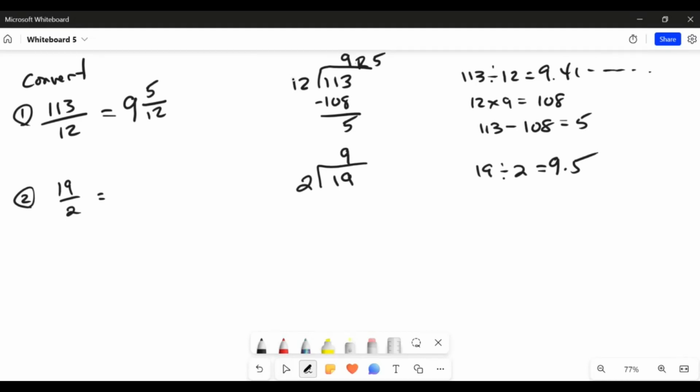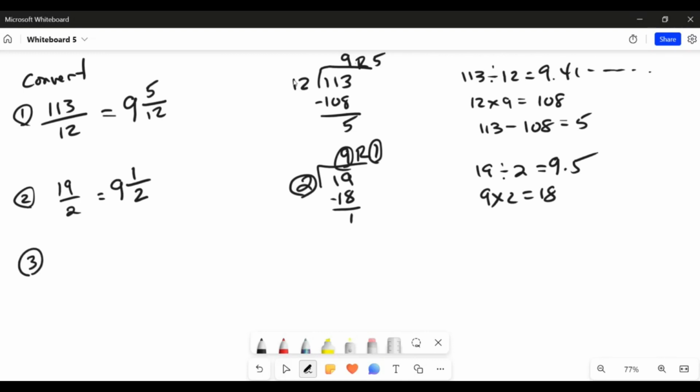Then we need to do that whole number part times the number outside, and we get 18. We subtract. 19 minus 18 is 1. So we have a remainder of 1. So 19 over 2 is 9 and 1/2.